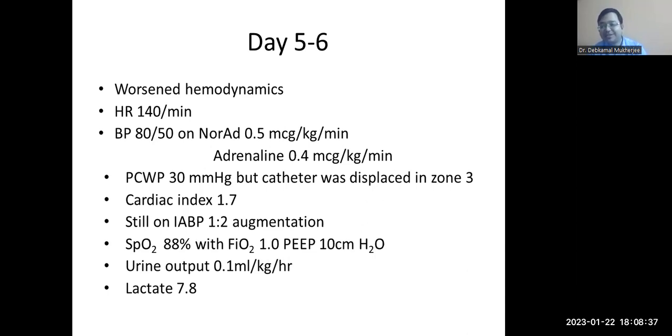The catheter was displaced to zone 3, so it may have led to overestimation of the wedge pressure. His cardiac index came down considerably. It was 1.7. He was still on IABP augmentation of 1:2. His saturation was also not keeping up. He was still requiring very high oxygen. His urine output was also still low, and his lactate was found to be high.